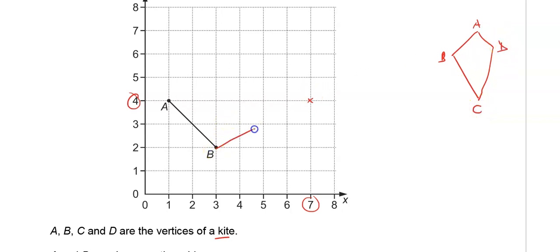So we draw C, and we should imagine the kite to find point D. The length of AD should be equivalent to the length of AB. So AB is 1, 2 squares, so 1, 2. So our D should be there. Therefore, we join that point, and then we join D to C. There is our kite.